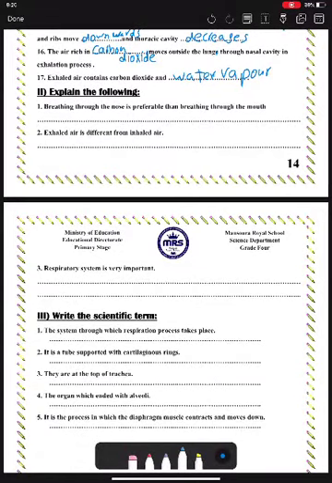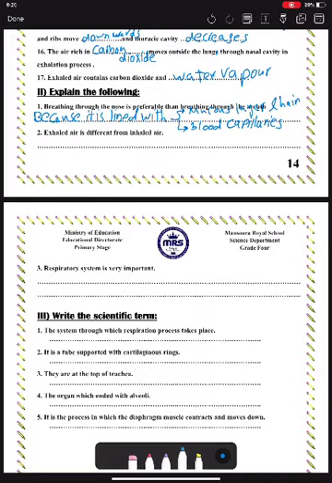Breathing through the nose is preferable to breathing through the mouth because it's lined with mucus layer and hair that filter the air before entering the two lungs and make it moist, and blood capillaries which warm the air before entering the two lungs.